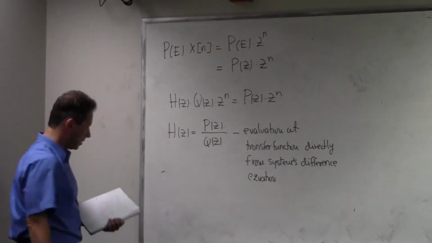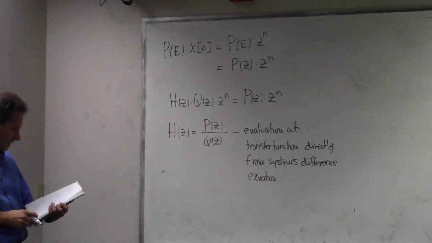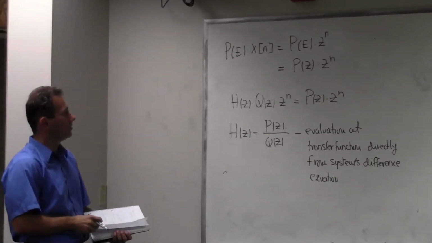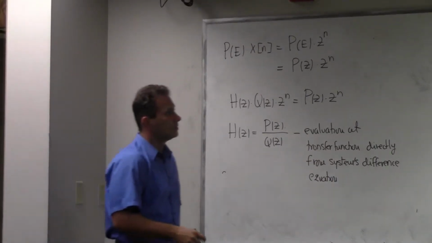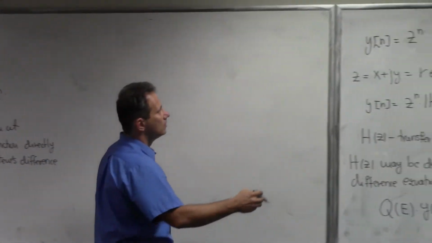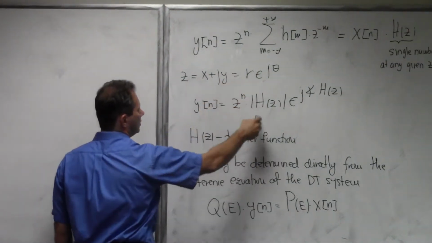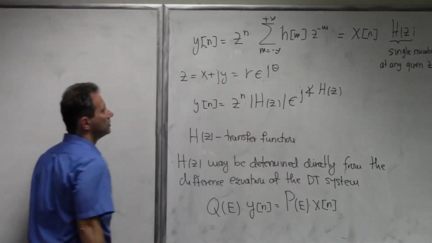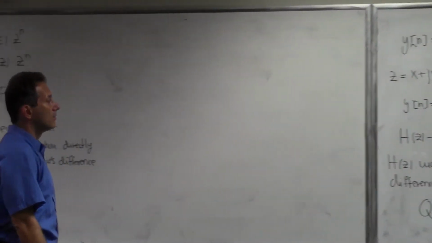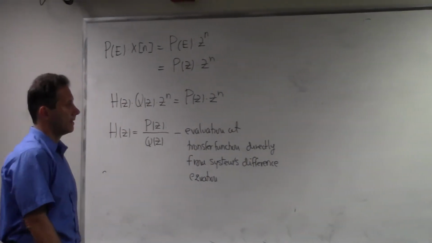Okay, so this is a direct way. So you don't have to rely on this summation here. You can actually evaluate this H of z directly from the difference equation itself.